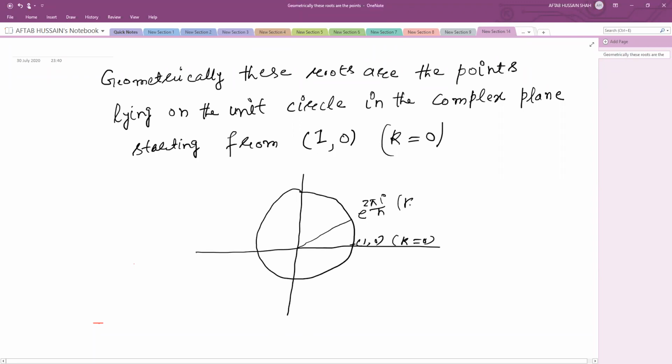You continue giving various values running from 0 to n minus 1 so that you reach here. Here you will get a point corresponding to k equal to 2 and so on, in this direction.